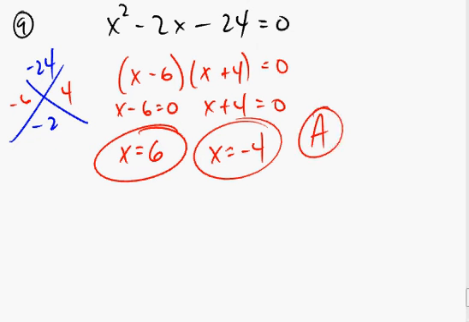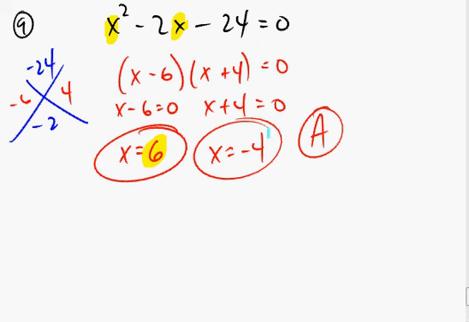Now look, let me just point something out. If you get a quadratic equation like this and you have to solve it, and let's just say in 6 months you have to take a test like this, and you can't remember how to factor, what you can do is take the answers and plug them in, and they have to make the equation true. So try a 6 in there, and that has to work.